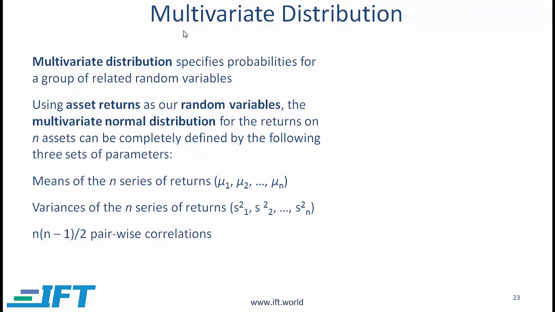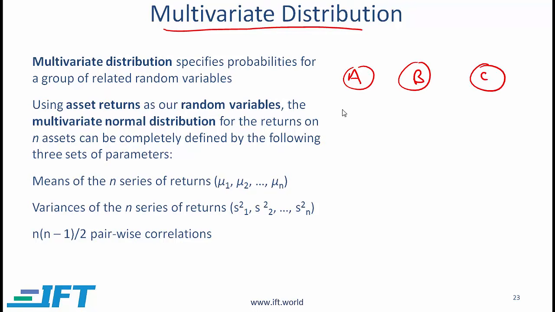Moving now to multivariate distribution. Multivariate simply means multiple variables. Let's say you have three random variables, A, B, and C, and each of these random variables is normally distributed.